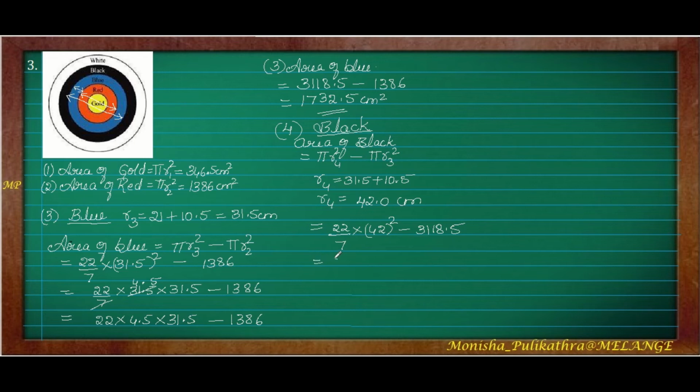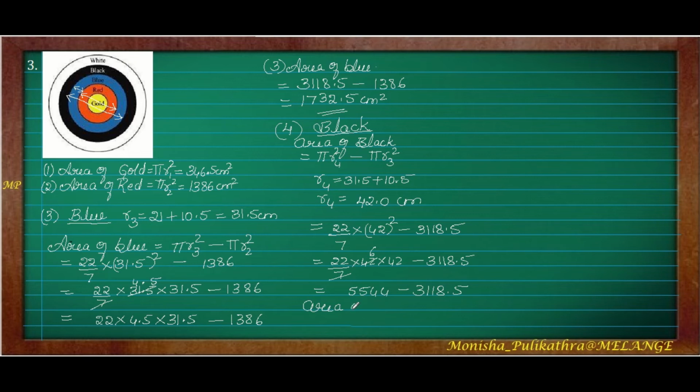So 22 by 7 into 42 into 42 minus 3118.5. So 7 6s are 6, so here you will get 5544, that is 22 into 6 and 6 into 42. So the entire thing you will get 5544 minus 3118.5.